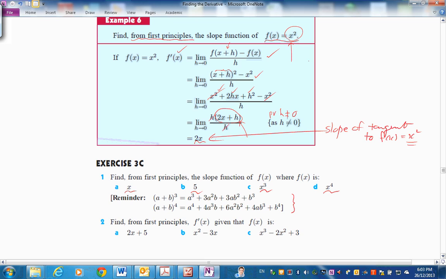Because the definition has got, come back up here, it's got f of x plus h in it. So x plus h to any power is going to give you binomials here down the bottom. So here are some more. 2x plus 5, x squared take 3x, and x cubed take 2x squared plus 3. So I want you to try to go through that process of first principles differentiation, or finding the derivative from first principles.